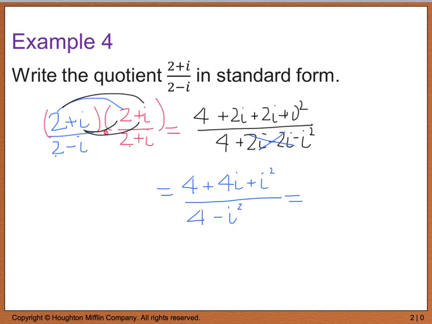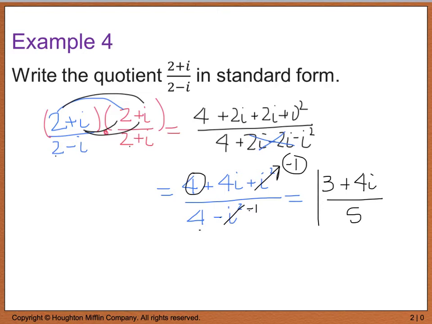Again, I need to further simplify this. i squared will give me negative 1. i squared here will give me a negative 1. So in my numerator, I'm left with 4, or this 4, and this negative 1, which will give me 3 plus 4i divided by 4 minus a negative 1 will give me plus 1, or 5.